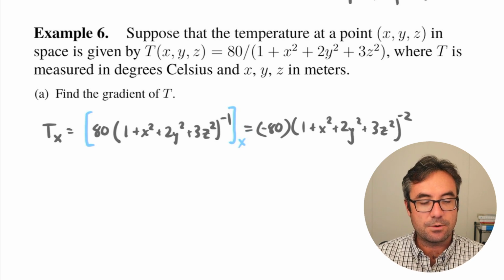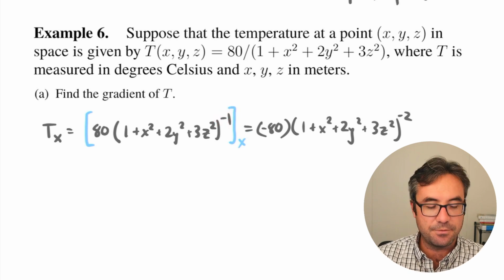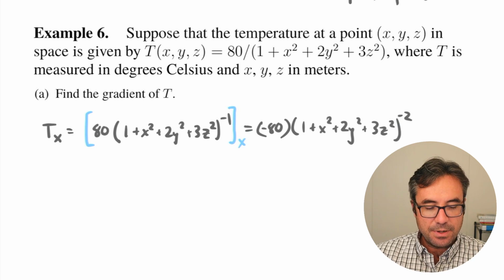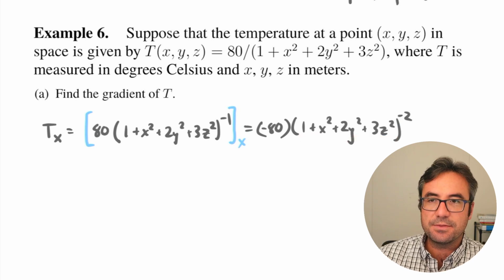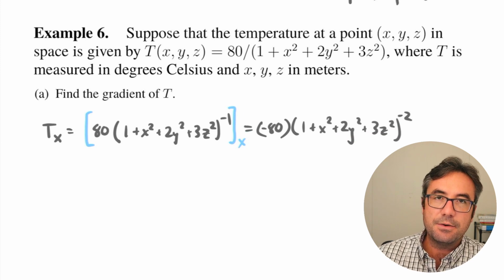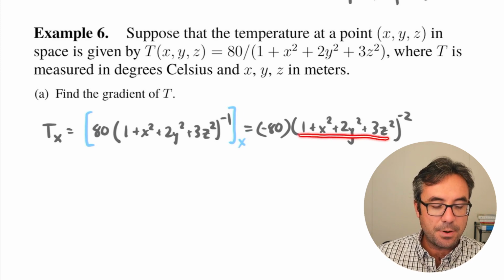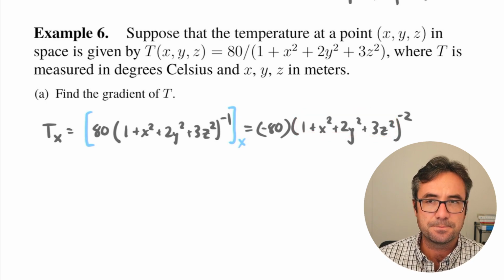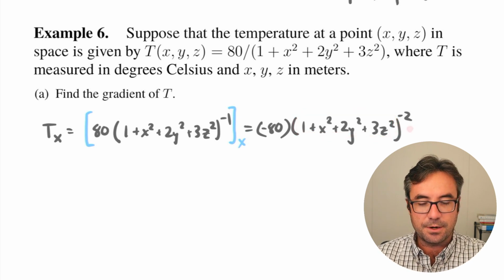And then we subtract 1 from the exponent, so we go from negative 1 down to negative 2. And that's not it. Then we need to multiply by the derivative. In this case, we want to multiply by the partial derivative of everything inside with respect to x. So that's what we're going to put over here.